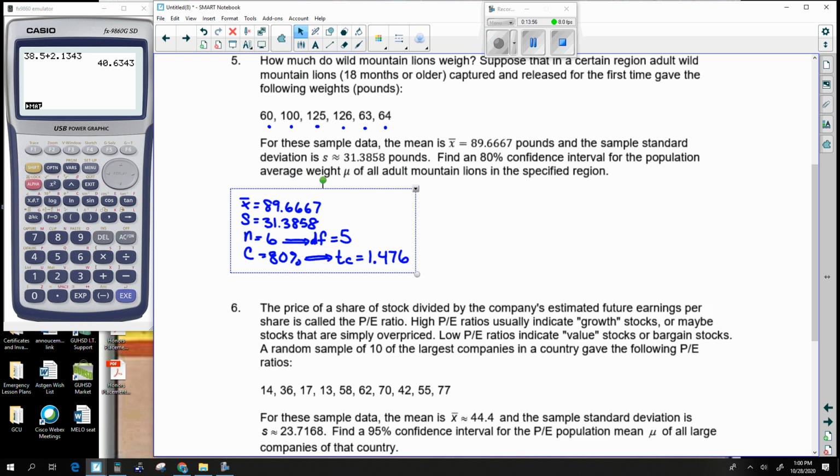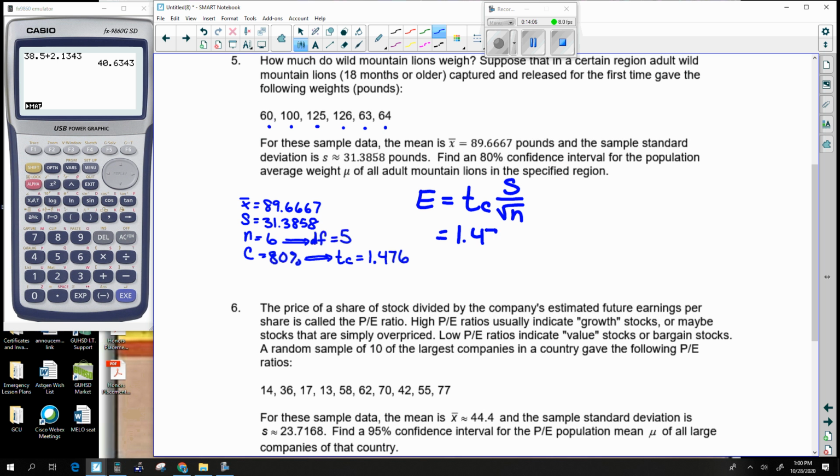1.476. So now everything is pretty much the same as it was before, just technically a different equation. Same but different. Notice how the N is still 6. It did not turn into 5. The degree of freedom of 5, N is still 6.